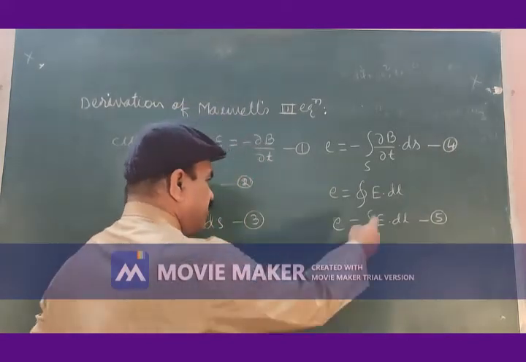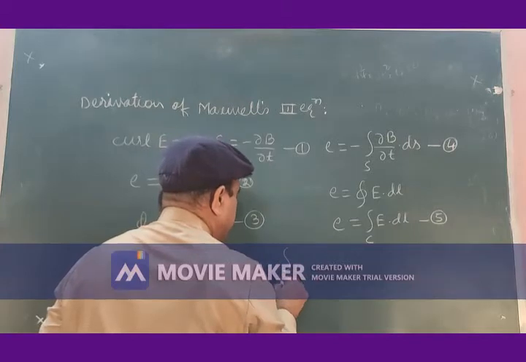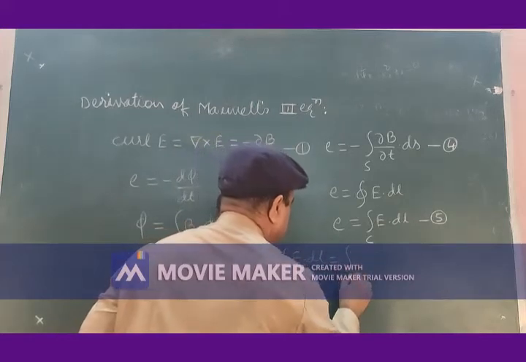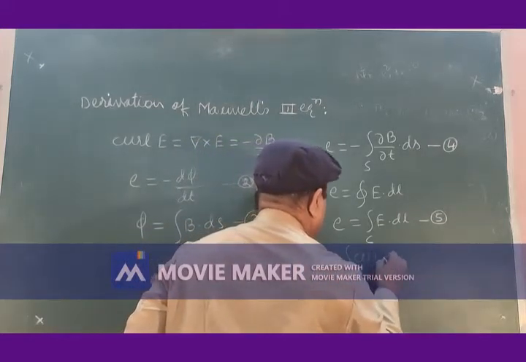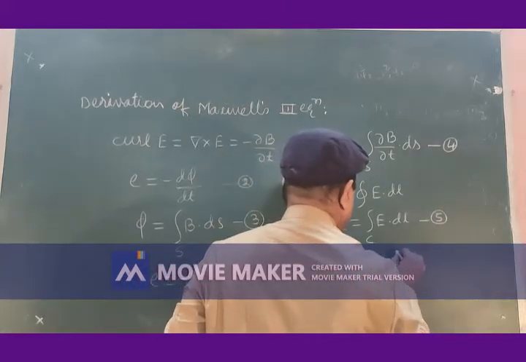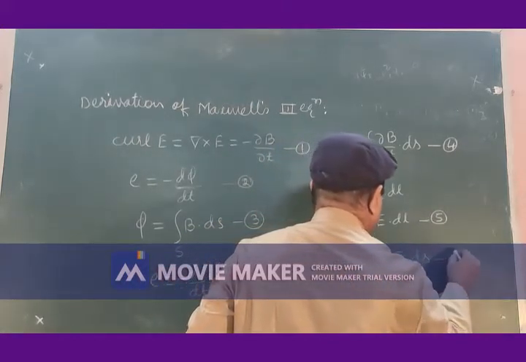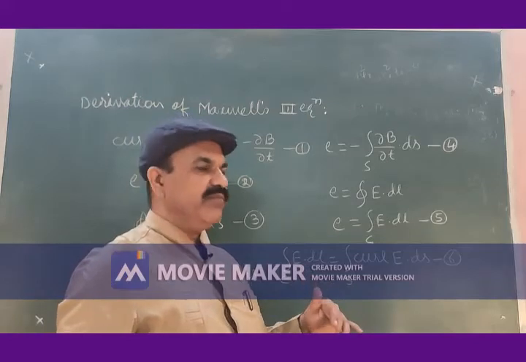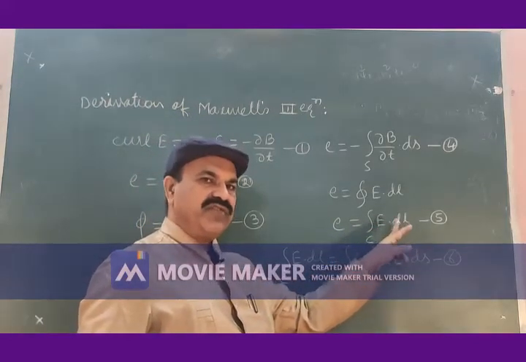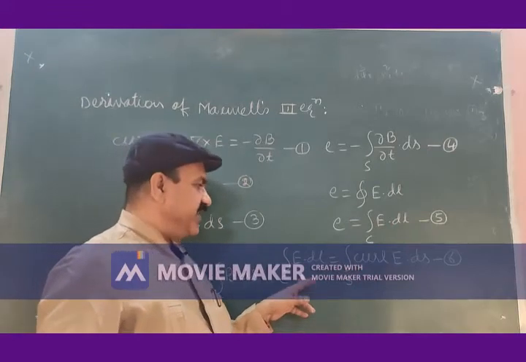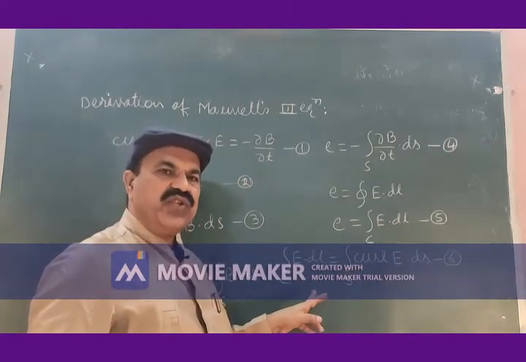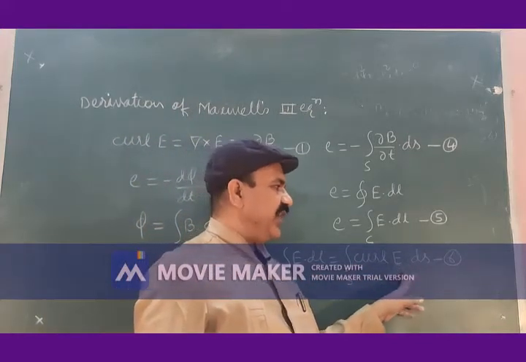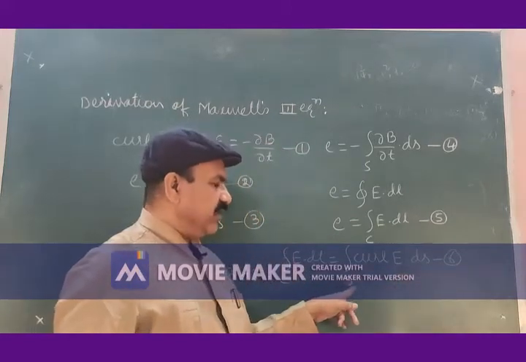If we apply Stokes theorem to the RHS of equation 5, it may be written as the line integration over a closed path of E dot dl is equal to the surface integration of curl of vector E ds over a closed surface.